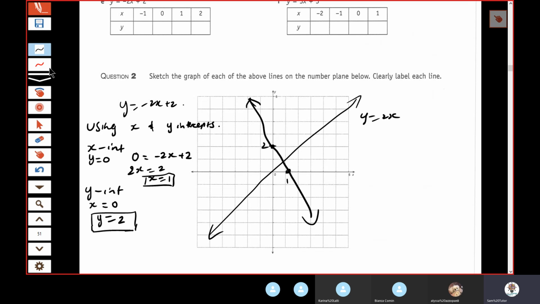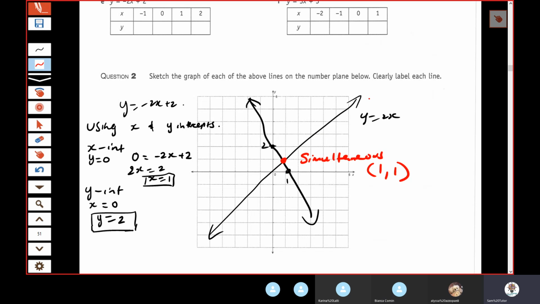All right, simultaneous. Simultaneous is just the fact that you're going to have 2 lines like you have here, and you're just going to find the point where they meet. That's simultaneous. Is that okay? So in this case, let's just say it would be 1, 1.